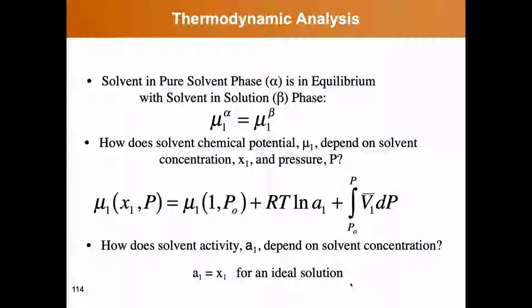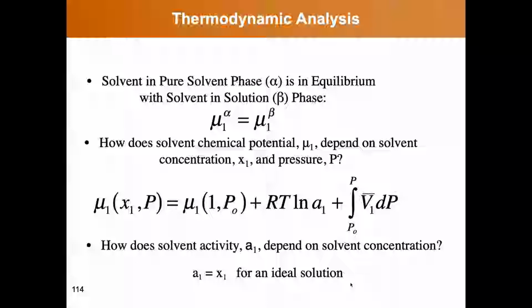The solvent activity in turn is related to the mole fraction of the solvent in the solution. And for the simplest case, for an ideal solution, the thermodynamic activity of the solvent is just linearly proportional to the mole fraction of that solvent. This would be for an ideal liquid solution, and this result comes directly out of basic statistical mechanics, where you would consider the entropy change of mixing of a solvent with a solute, where the mixing is random and there's no interaction between the solvent and solute.